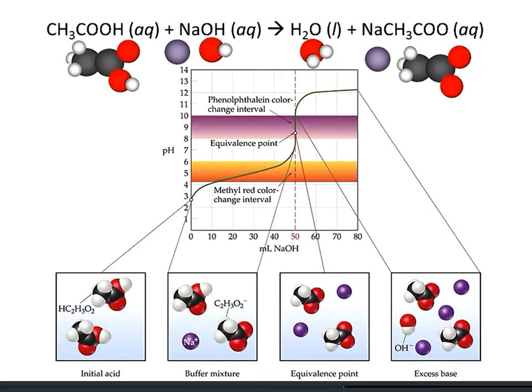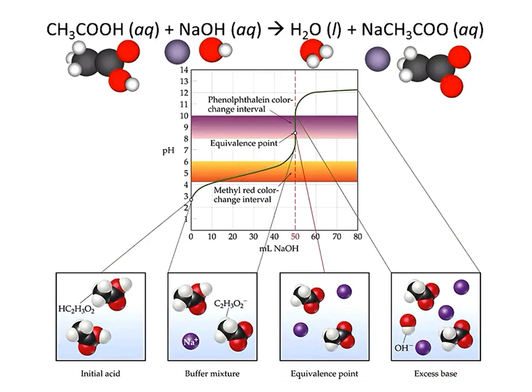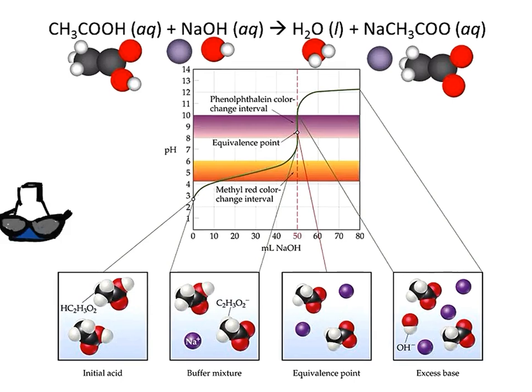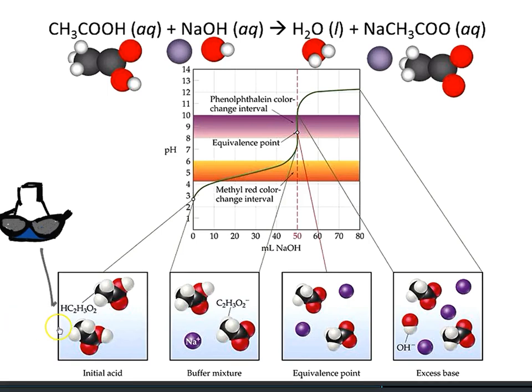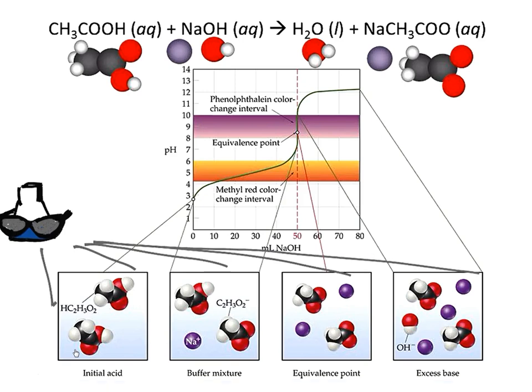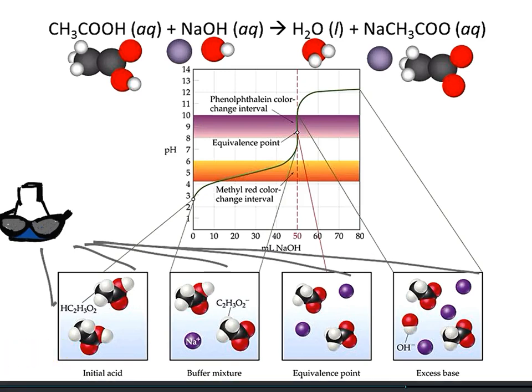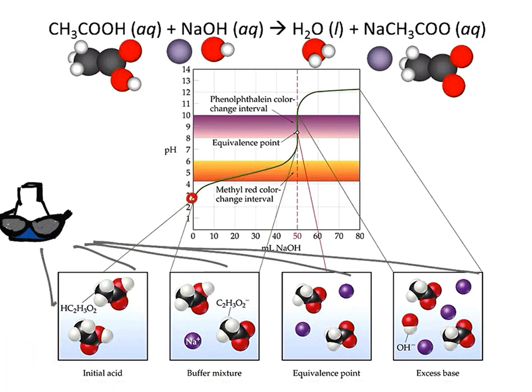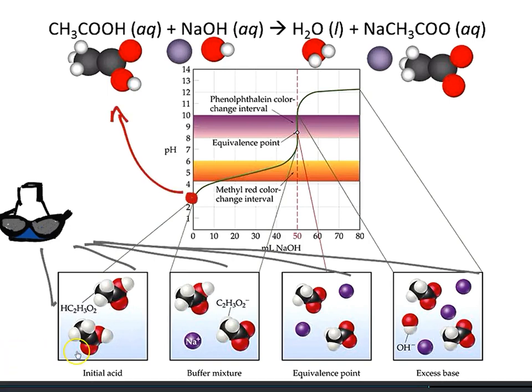Now, if we continue to play what's in the flask, if we think instead about our weak acid analyte, and again, the molecule glasses on the flask, this is what we would see in the flask at various points in the titration. So initially, what we would see is just the analyte, which is shown here as acetic acid.